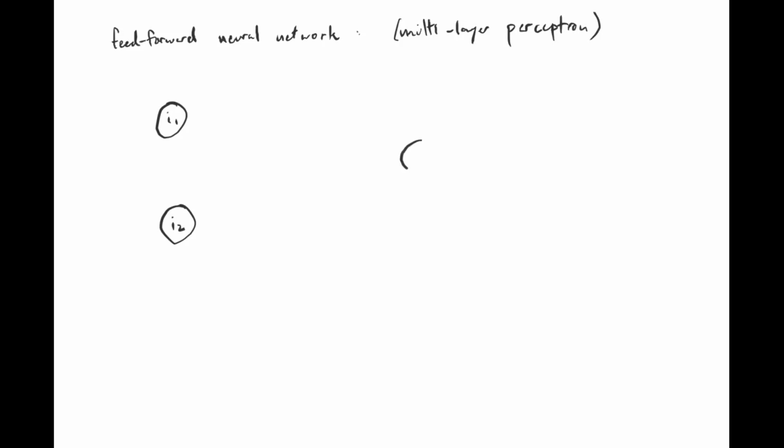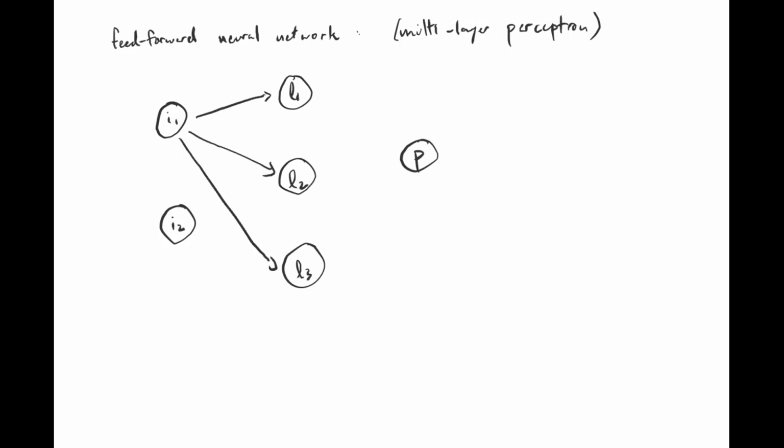So let's say our outcome that we care about is P. And instead now I'm going to insert an in-between layer here, so that we're going to actually do two sets of transformations before I get to my output. So now I'll have something that looks like this. And then here.